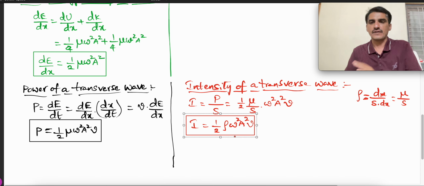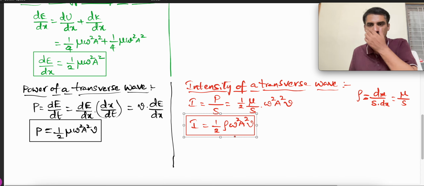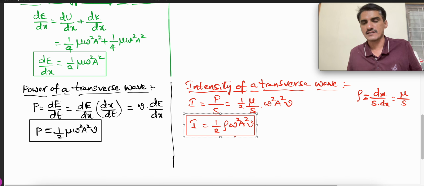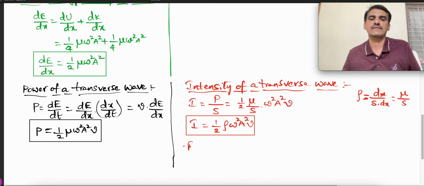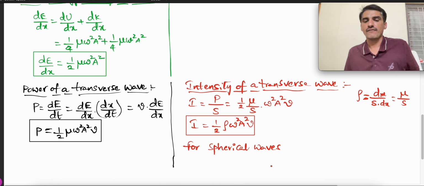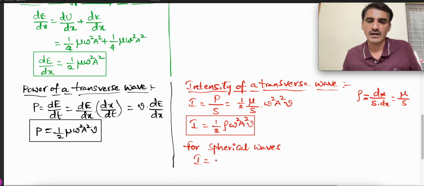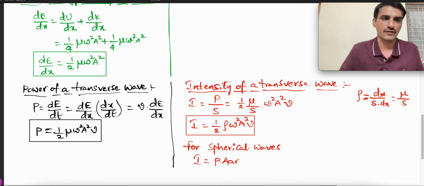And there are different types of waves, right? There are spherical waves, there are plane progressive waves. Now, for spherical waves, usually how to write I in terms of power? I is equal to power by area of cross section. Am I right or not?